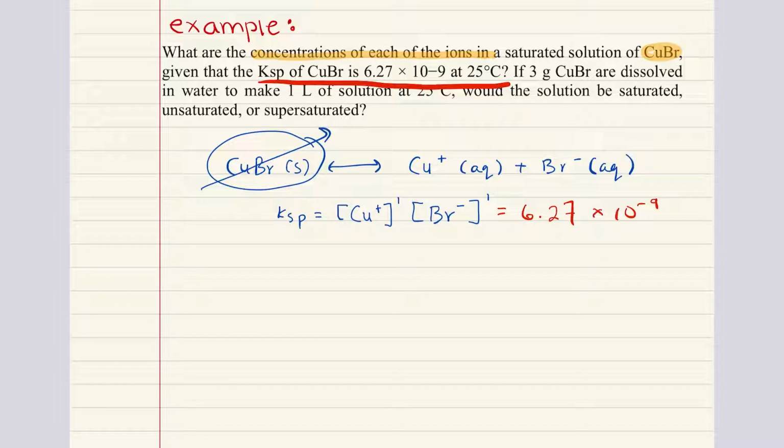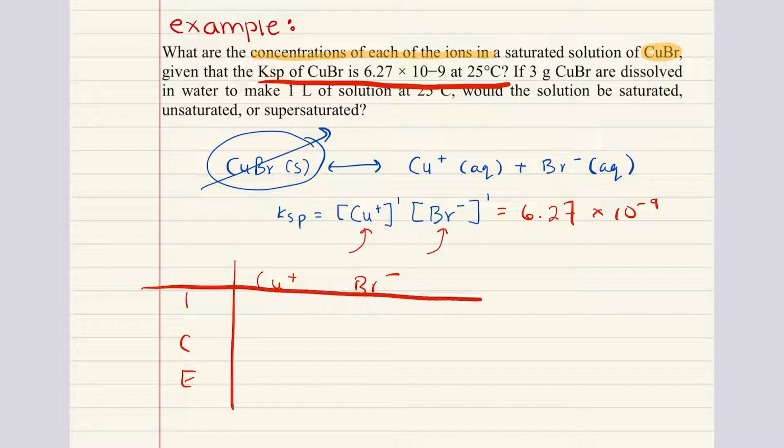Now, to figure out what we want to do with these concentrations so that we are able to calculate this problem, we want to again set up an ICE table focusing on copper plus and bromide anions. Now again, copper 1 bromide is a sparingly soluble salt, so the initial concentration for the ions should be 0. Now, over time, copper 1 bromide dissolves, it dissociates into copper cations and bromide anions.